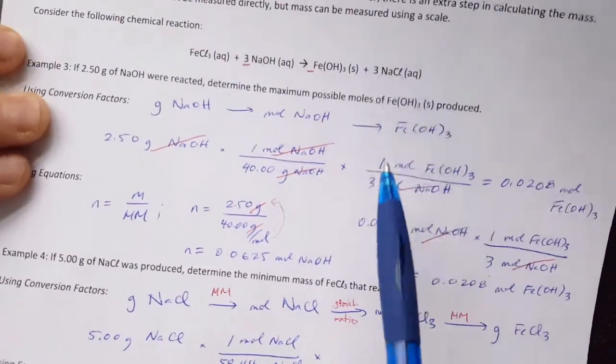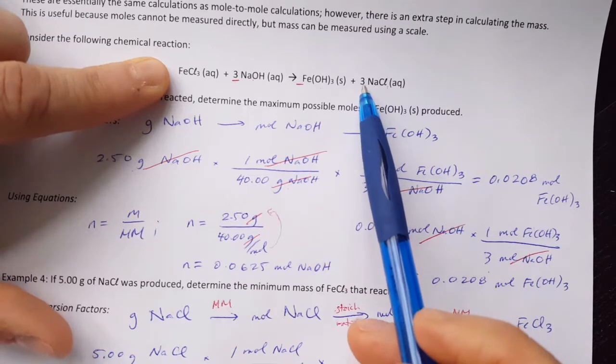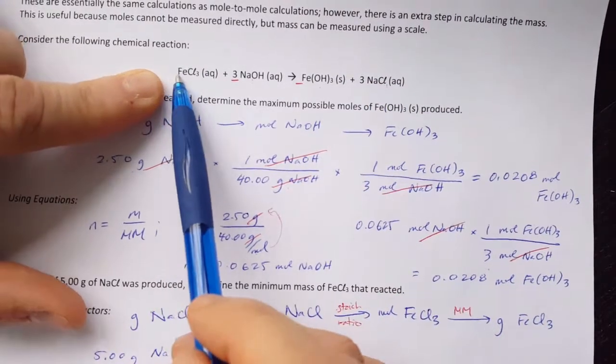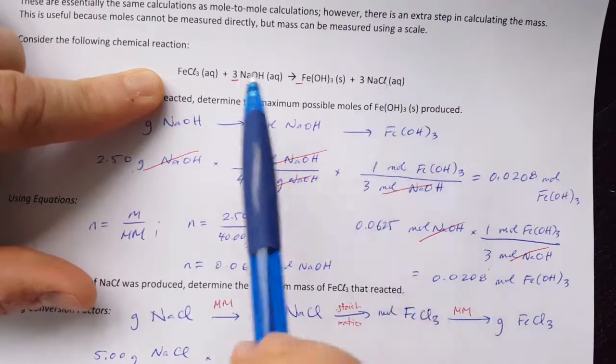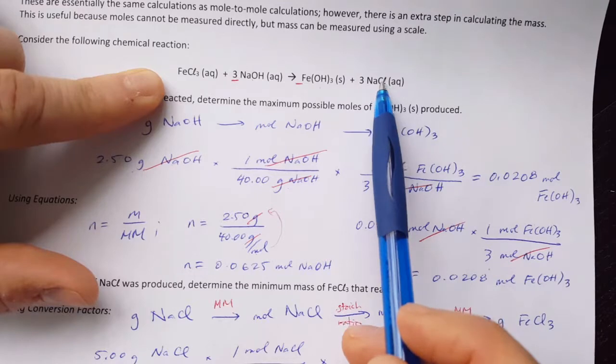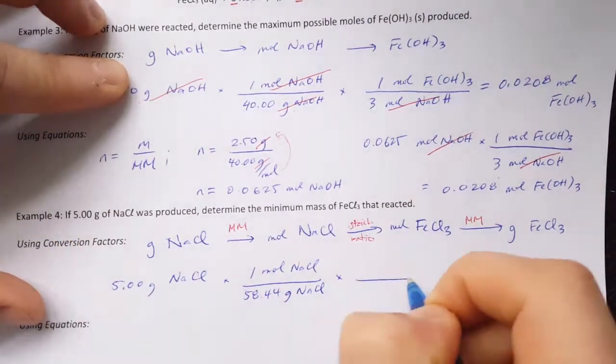Stoichiometric ratio, well, what's that ratio between sodium chloride and iron 3 chloride? Well, I need 3 moles of sodium chloride to make 1 mole of iron 3 chloride, and that makes sense because iron 3 chloride has 3 chlorines and sodium chloride just has 1, so I need 3 of them. So I construct the ratio.